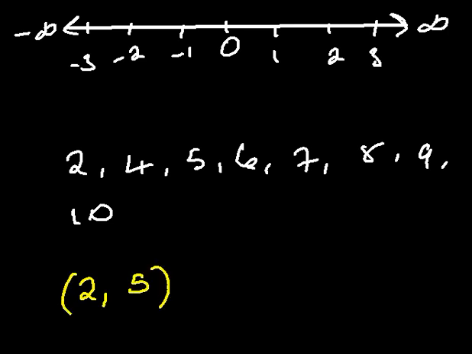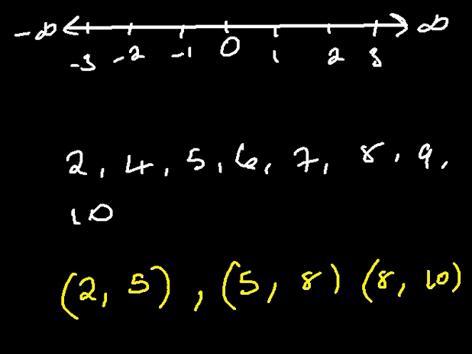It means this interval consists of the numbers from 2 to 5. And I can have the interval 5 to 8. It means this interval consists of all numbers from 5 to 8. You can have the interval 8 to 10. It means this particular interval consists of the numbers from 8 to 10.